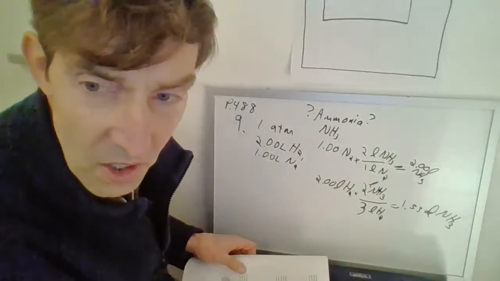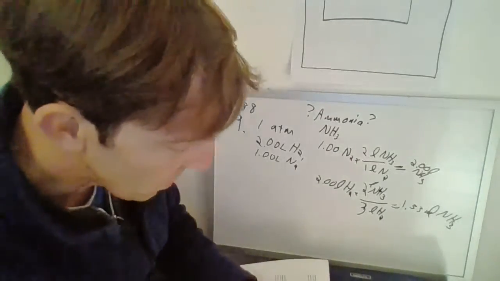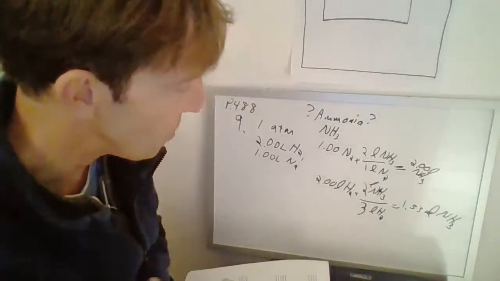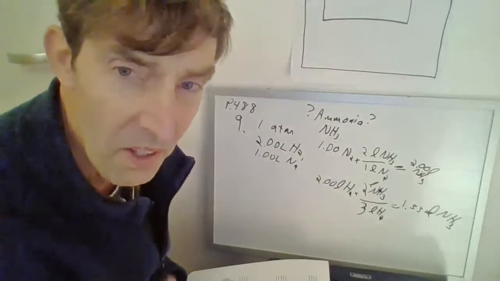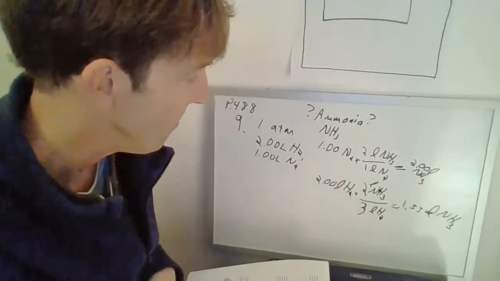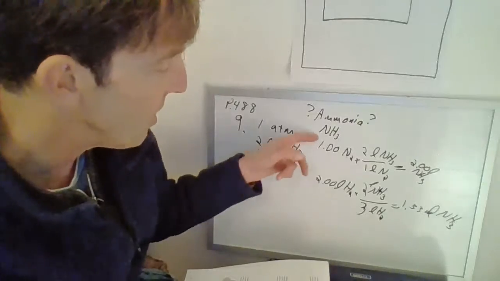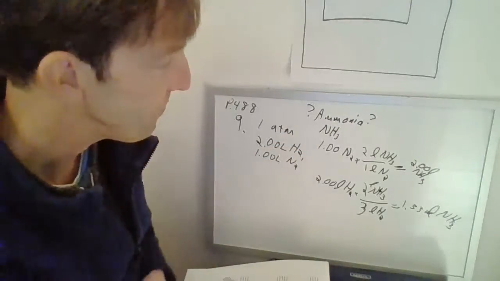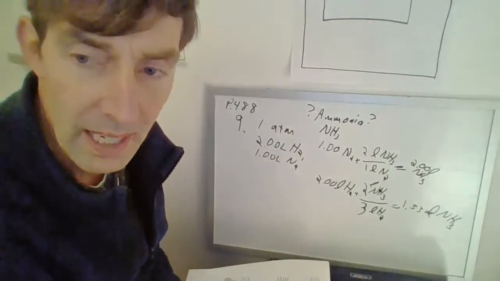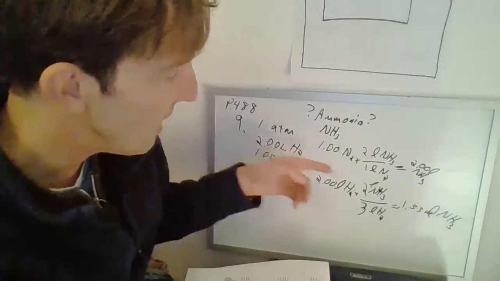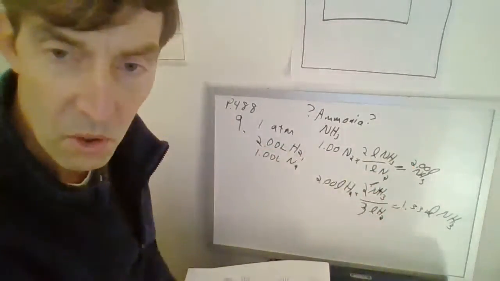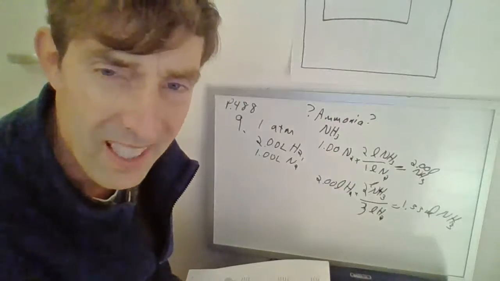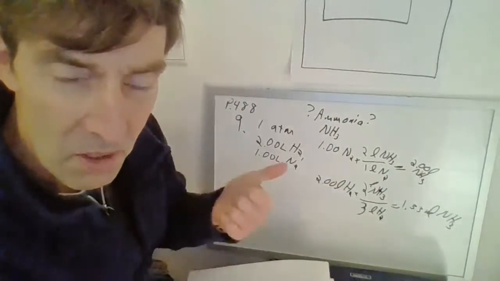Here's why I'm doing this, Lissy and everybody. It says, what's the partial pressure of all your gases? Well, what have I run out of? There's no more what in there. What does this tell us? Which one have I run out of? And what's the most I can make of NH3? Can I make 2 liters or 1.33 liters? So help me out with either one of those questions. What's my limiting reactant?